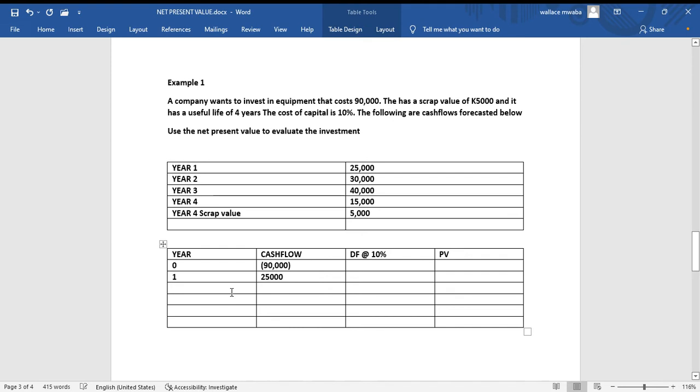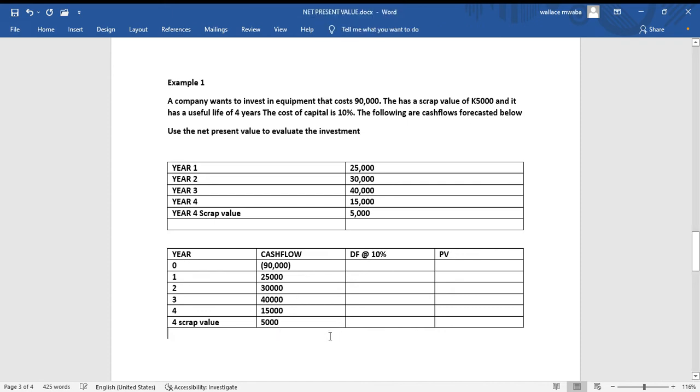End of year 2, 30,000. End of year 3, 40,000. End of year 4, 15,000. And then we have our scrap value, which is 5,000.